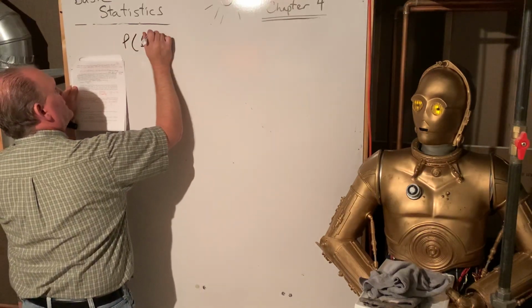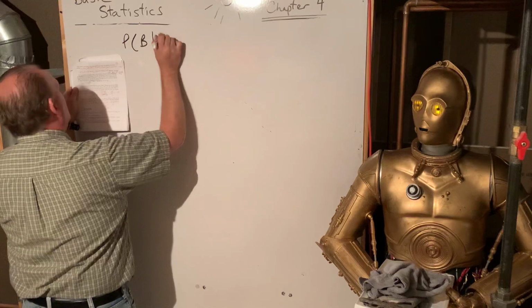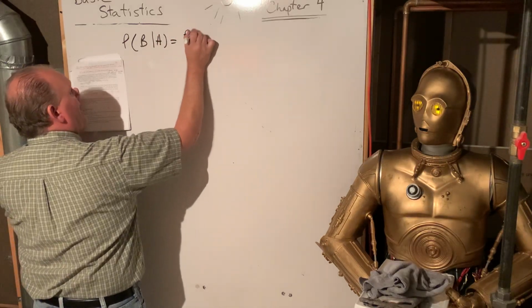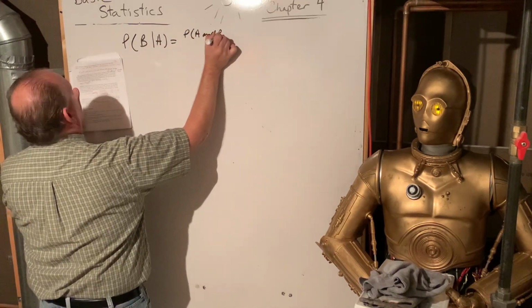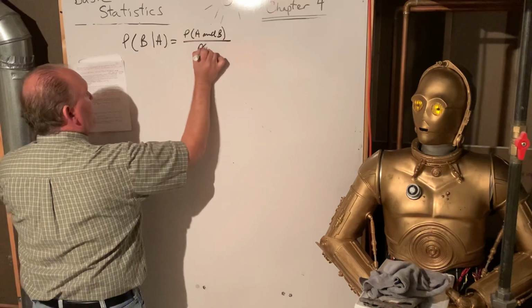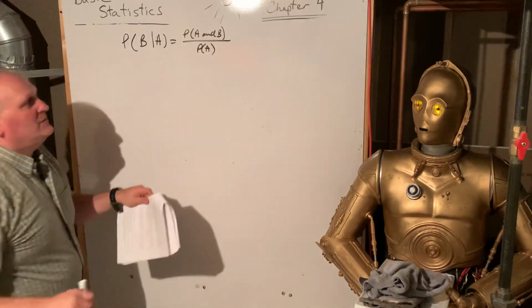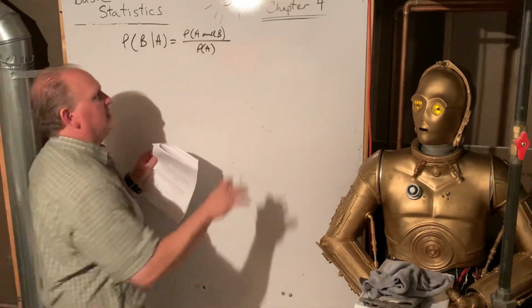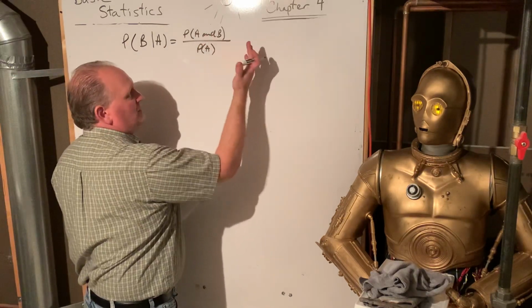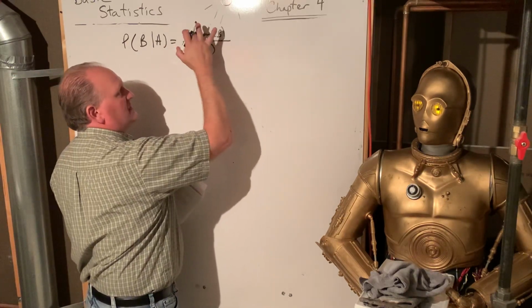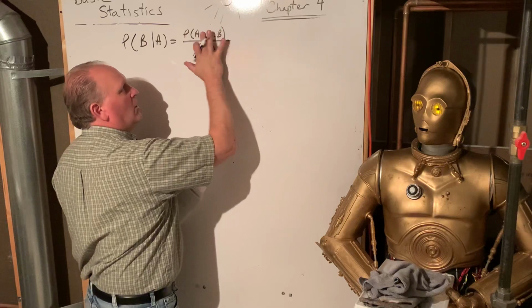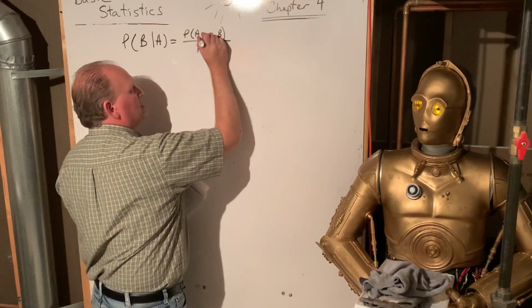It says the probability of B given A is equal to the probability of A and B over just the probability of A. I don't like that because we just said in the section before that and means multiply, and so a lot of people just think, oh, I take the probability of A times the probability of B. No. That's not what's going on there.